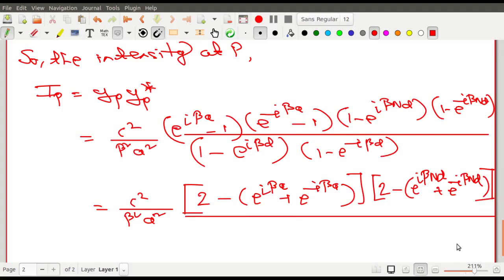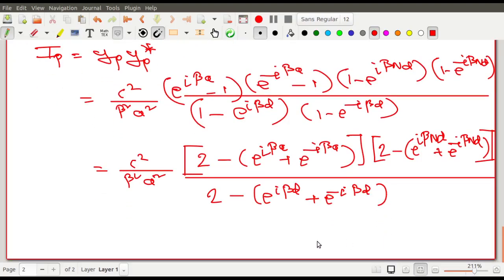Divide it, and then you will have over here a 2 of, again a minus common, e to the power I beta d plus e to the power minus I beta d. So I find that all of them are plus, and that will lead to the cosine formula of the exponential. So the cosine formula will come from these.